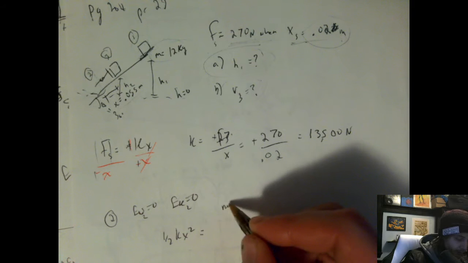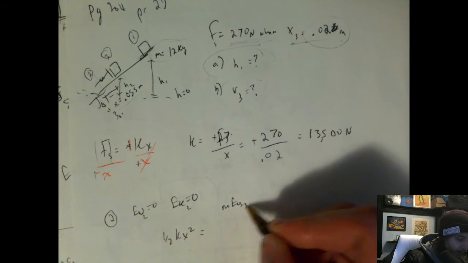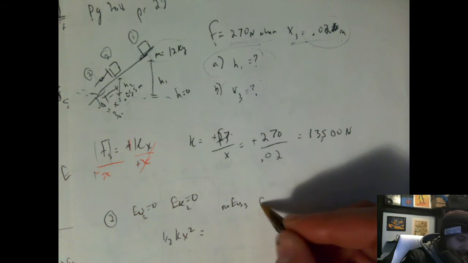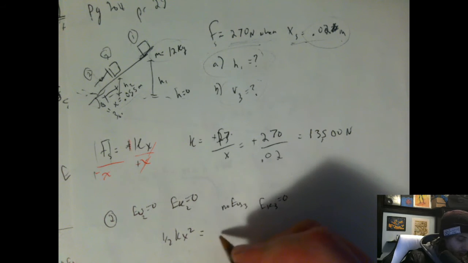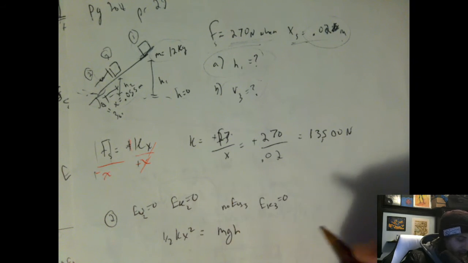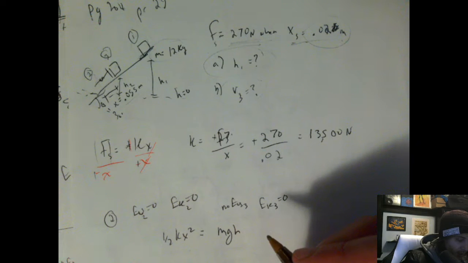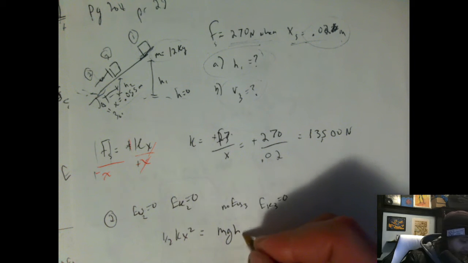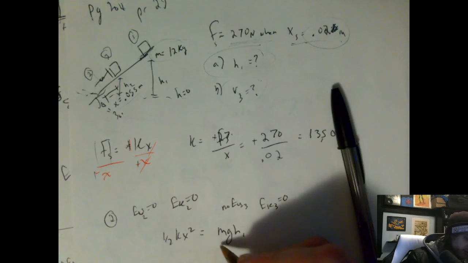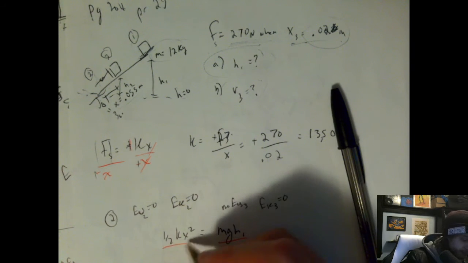Well, there's no spring, and it's not moving, so just mgh. What's nice about this is that our only variable here is h1. So I just have to divide each side by mg.